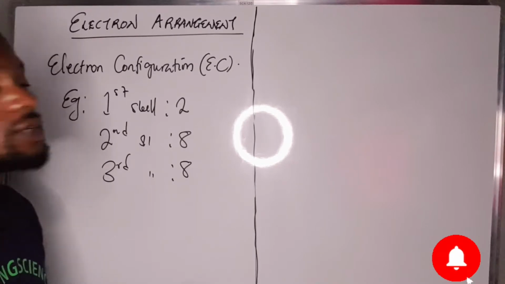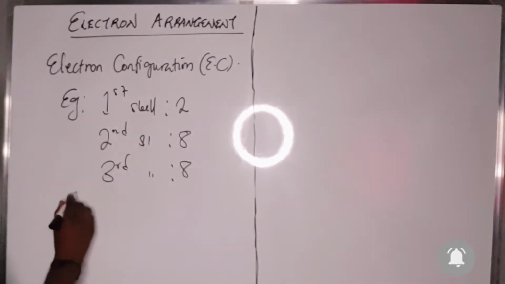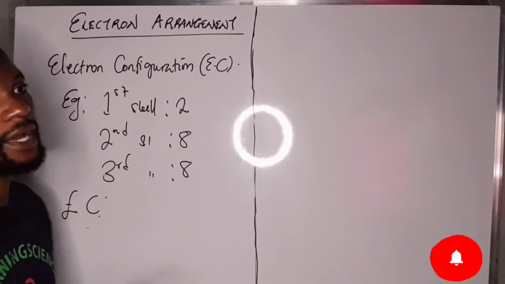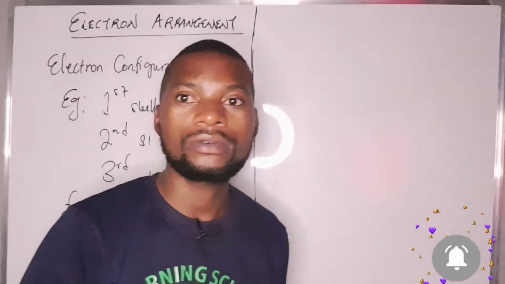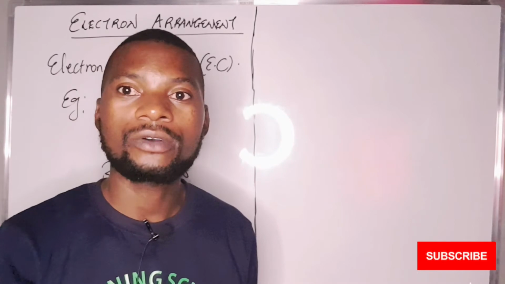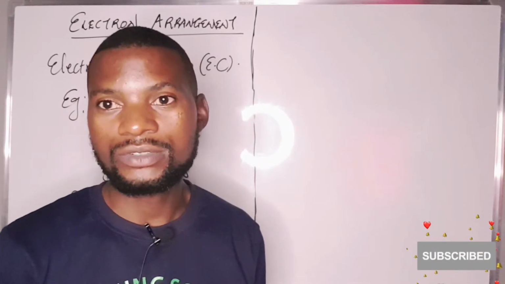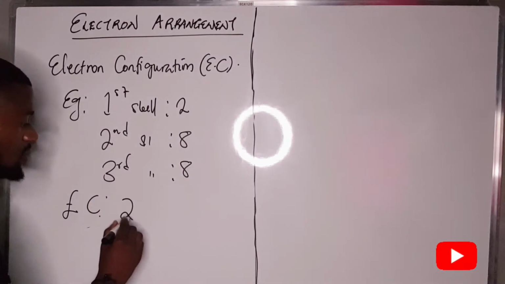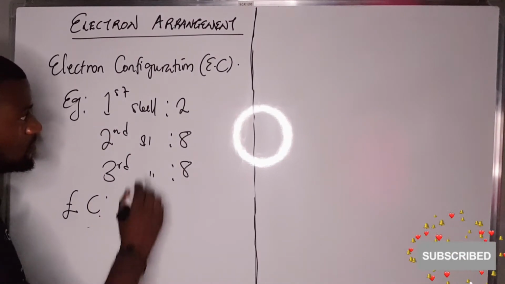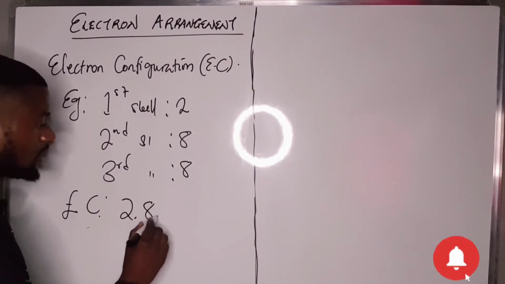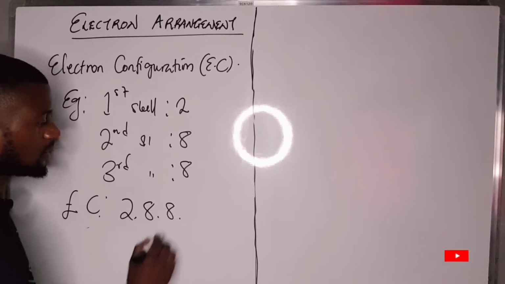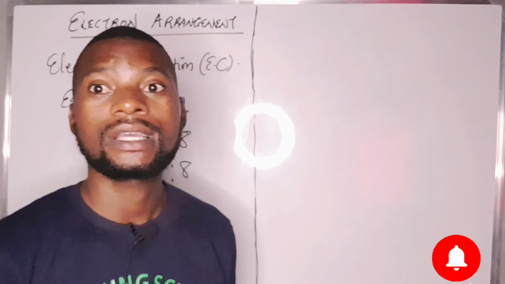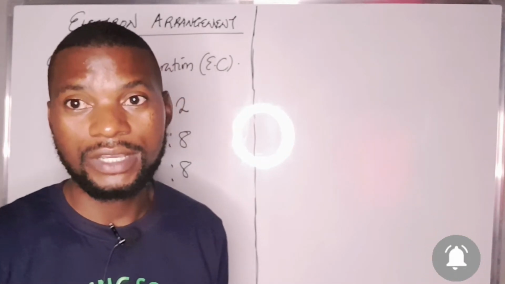So when you're writing the electron configuration, this gives you a guide on how many shells are going to be filled by the electrons. This is just applicable to the first 20 elements on the periodic table.